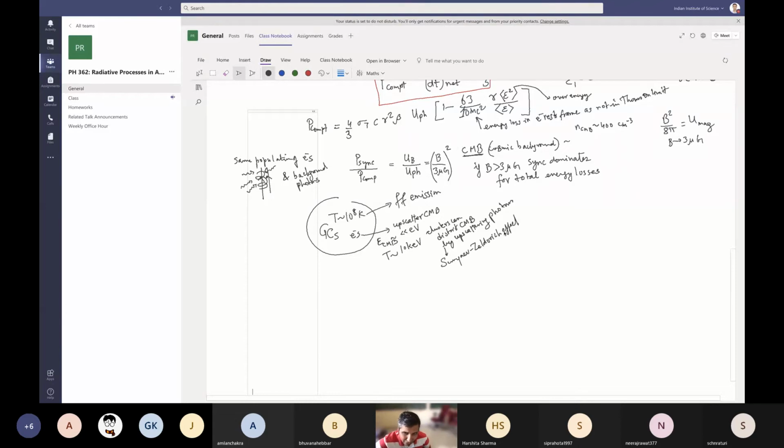This is actually used to discover clusters at high redshifts, because this is a scattering effect, and the signal does not depend on how far the cluster is. In fact, this is a very important diagnostic technique in astronomy.